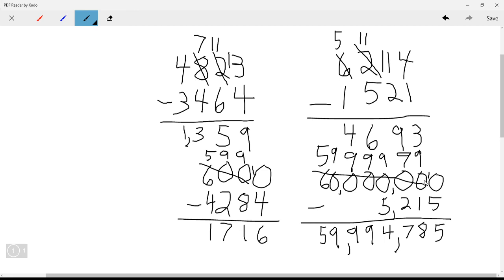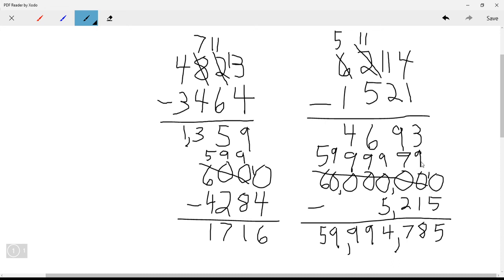So I know that you guys aren't going to use 60 million, but I just wanted to show you that that's how it always works when you're trying to borrow from zeros. You keep going until you get to a number, and then you subtract 1 from that number, and then any 0 just becomes a 9 after.